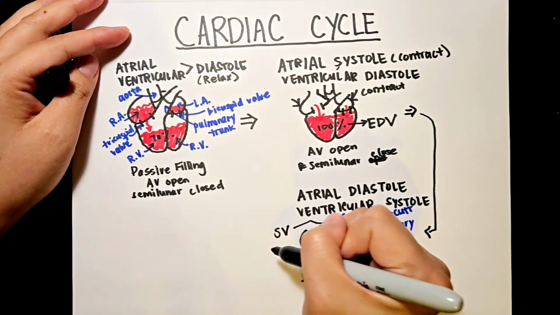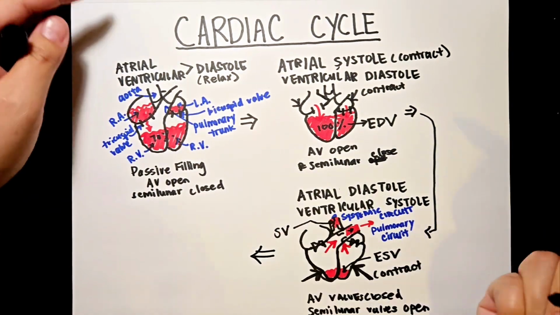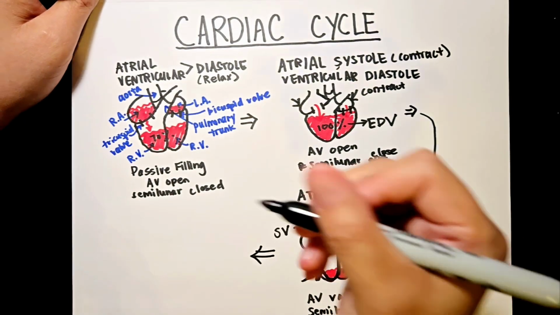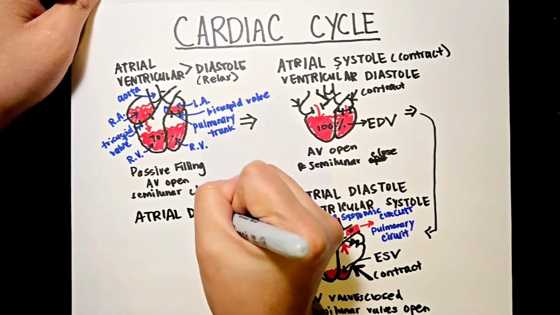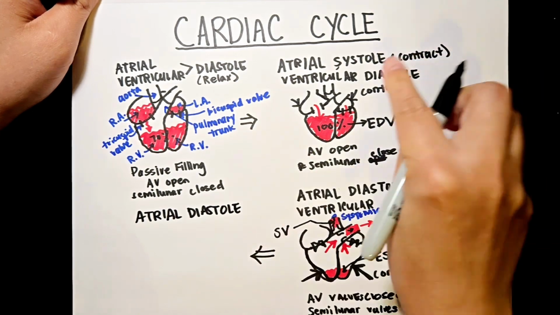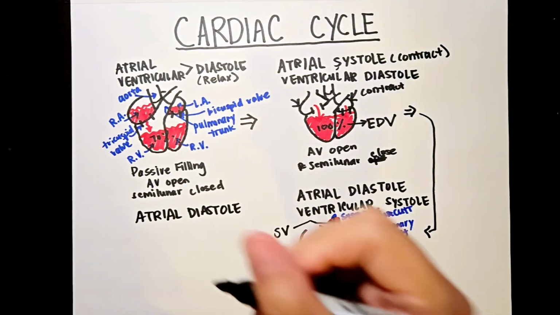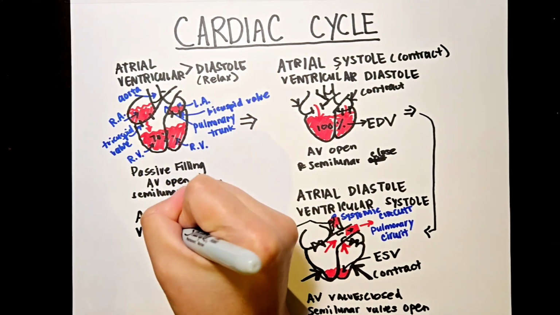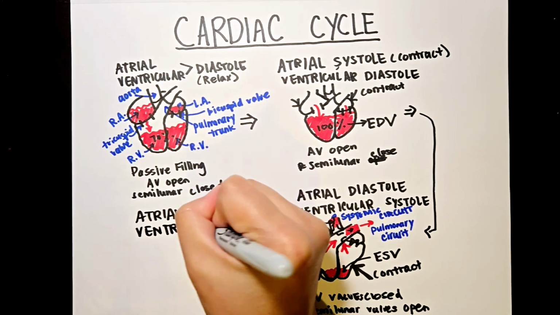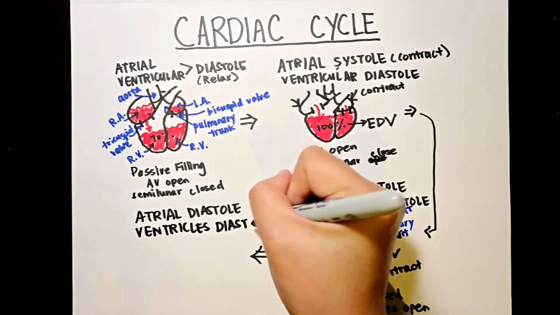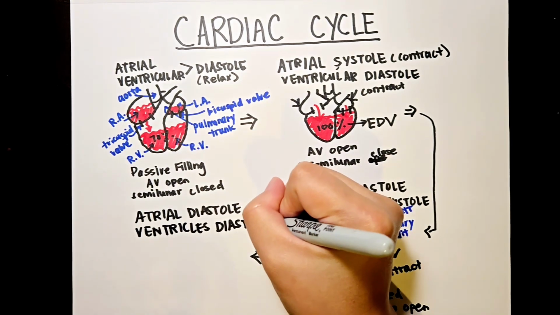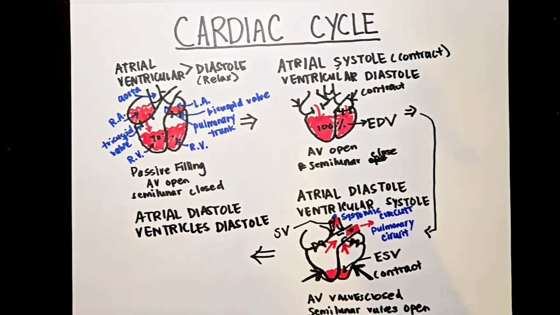So now what's going to happen after that is we will go back to atrial diastole still, because it has already done its job here, and ventricles now are also back at ventricular diastole. Okay, ventricular diastole.